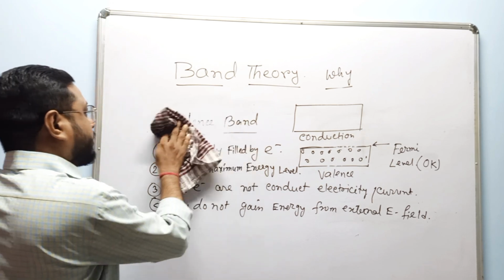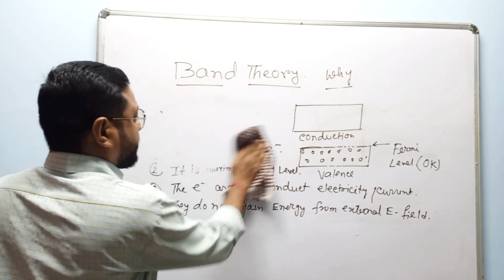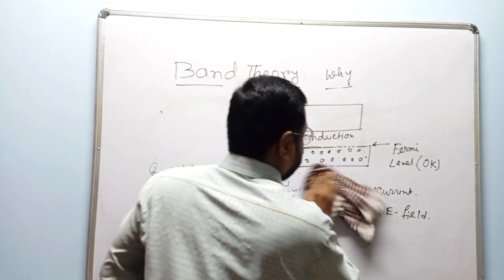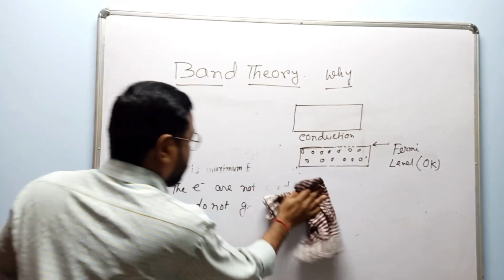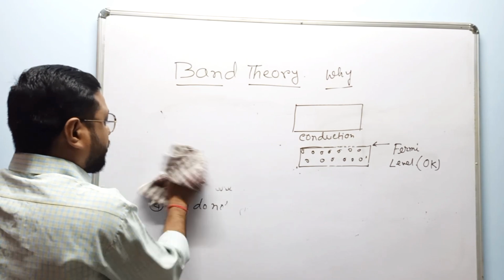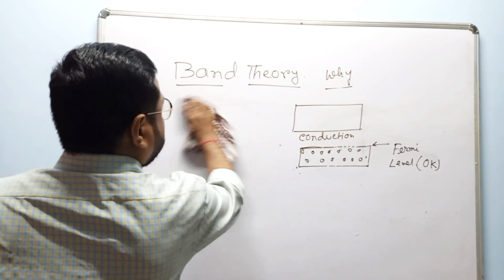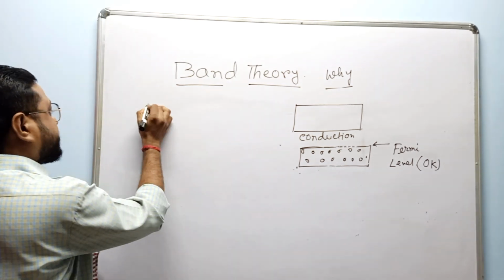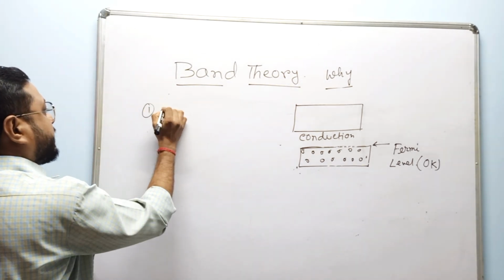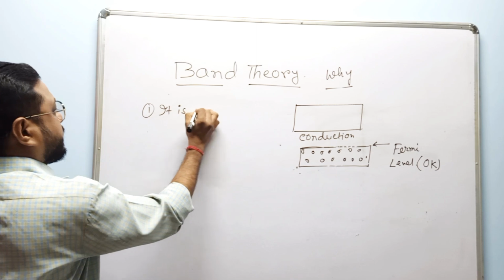So now we go with the properties of conduction band. The conduction band electrons are related to the conduction of electrons or electron current. So the properties of conduction band, number 1, it is partially filled.